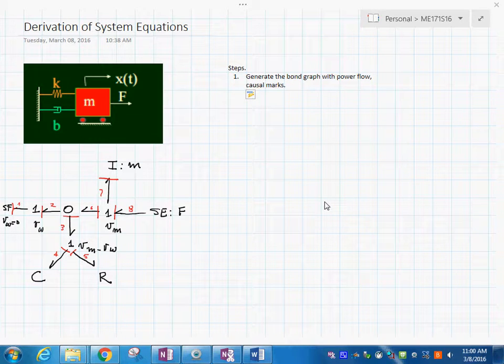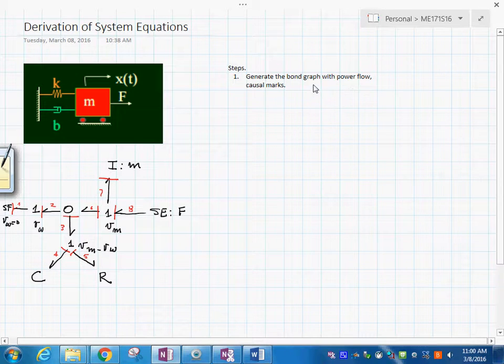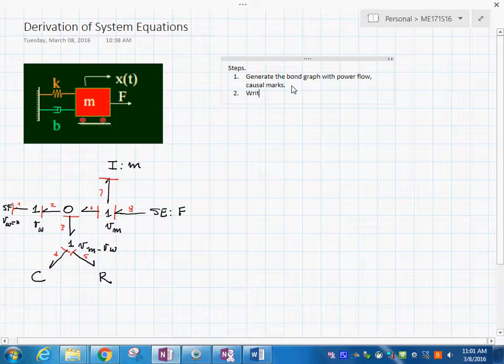Okay, so let me, I'm going to disappear here, and as you can see, I wrote: generate the bond graph model with power flow and the causal marks. This is what we have done right now. I think the next step that we're going to take is to write each constitutive equation for each element and each connection.